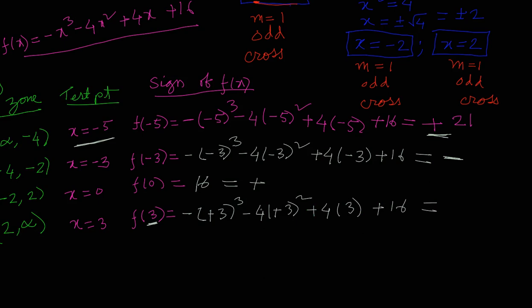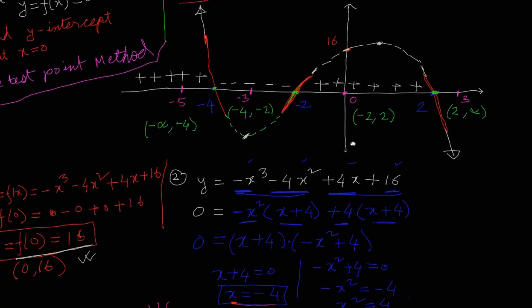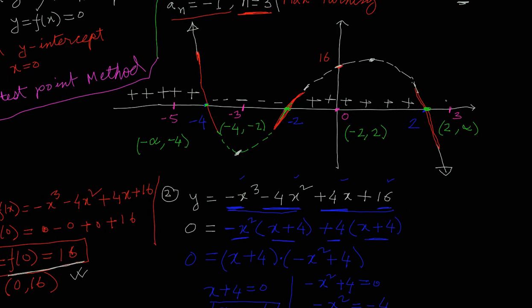Sorry, it's not -3, guys, it is positive 3. If you punch all the numbers, you are going to find that it is negative. So my function value or sign at x equal to 3 is negative. It is also going to be negative for all other values, so my function is going to be below the x-axis, which is already there.